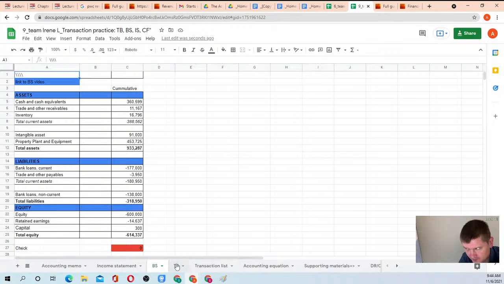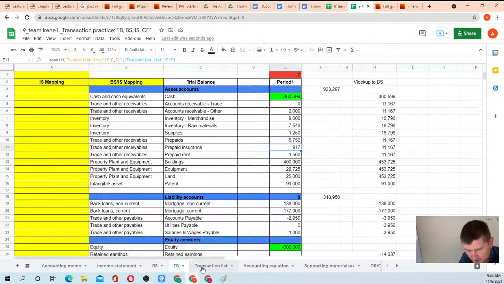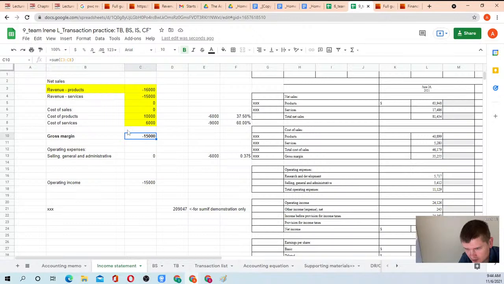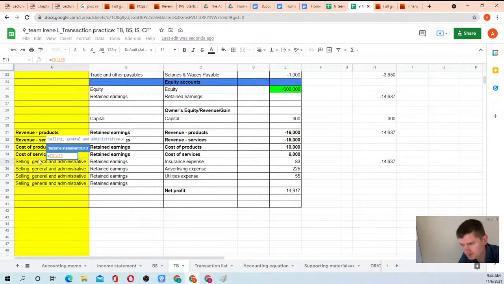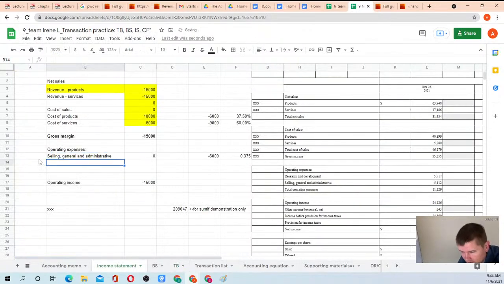It should show up in cost of sales. Okay, for some reason that account doesn't show. It shows 0. I would assume the reason is that it is spelled differently compared to here, so I will try to equalize it.